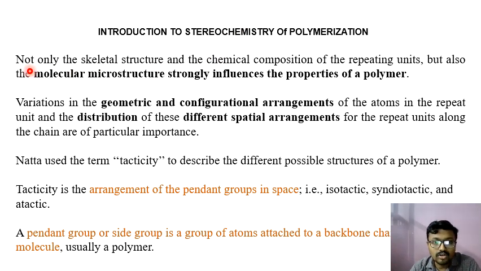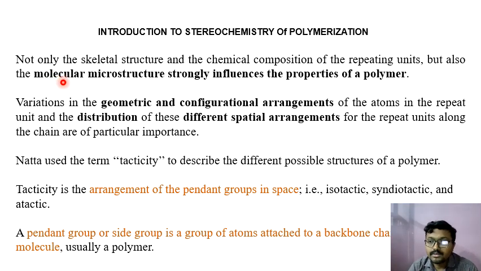Not only the skeletal structure and chemical composition of the repeating unit, but the molecular microstructure strongly influences the properties of polymer. Molecular microstructure means, in polymer we have repeating monomer units. Now, let's say the first monomer unit has some chirality, let's say R chirality.